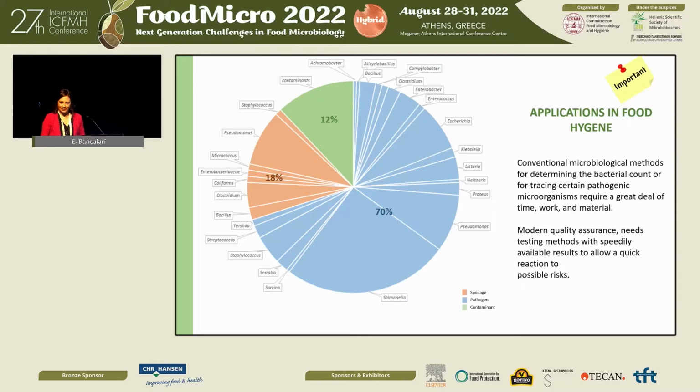Despite all these applications, the most used one remains in food hygiene. In fact, for years, scientists have tried to correlate the impedometric analysis and try to substitute the most commonly used methods to count bacteria, such as plate counts, which is well known to be time-consuming.